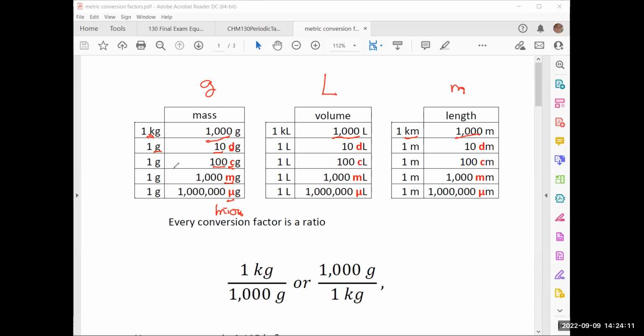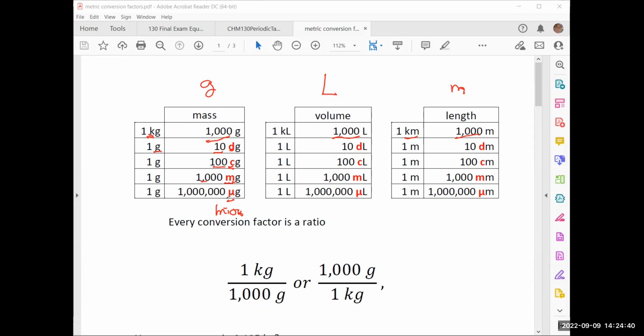Therefore, in 1 gram, there are 100 centigrams. And in a millennium, there are 1,000 years in 1 millennium. Therefore, in 1 gram, I have 1,000 milligrams. And then the micros, probably you never heard of that one, but micro, there are 1,000,000 micrograms in 1 gram.